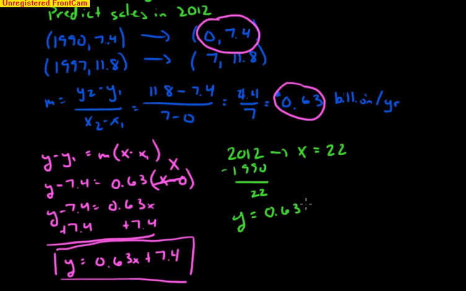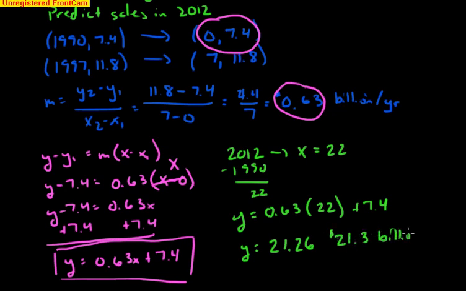So we get y equals 0.63 times 22 plus 7.4. And we do this in the calculator. Okay. So we get 0.63 times 22 plus 7.4. And I got 21.26. I'll even round it and say 21.3. So we're going to say 21.3, and this is billion in sales.